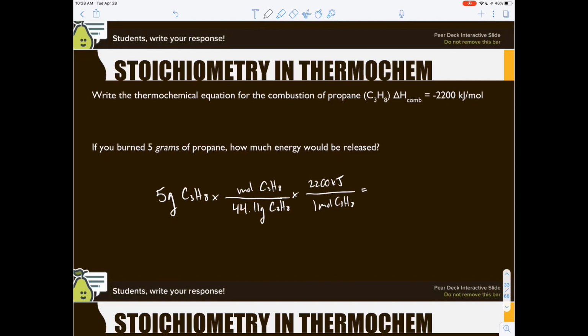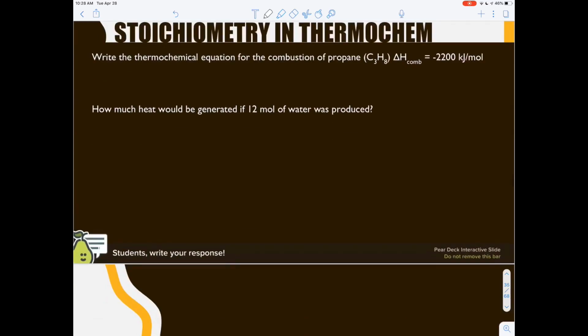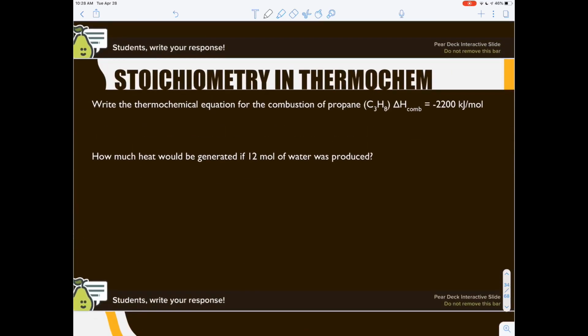Okay. I could be getting these answers wrong, but oh, there's only 1 sig fig. That's annoying. All right, fine. 200. Okay, go ahead and try this one. This is just using a different molar ratio in our reaction.